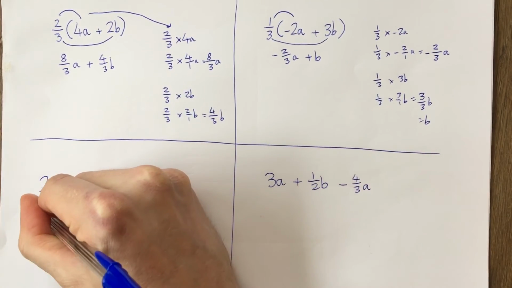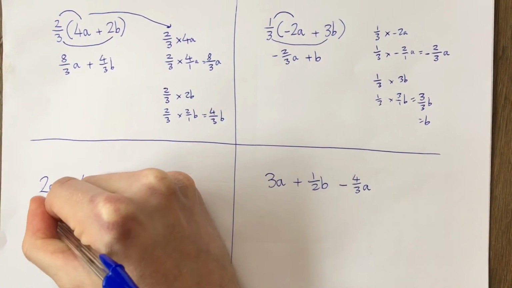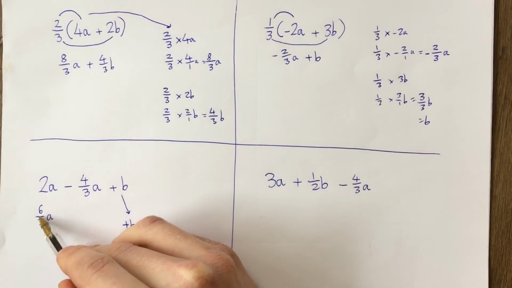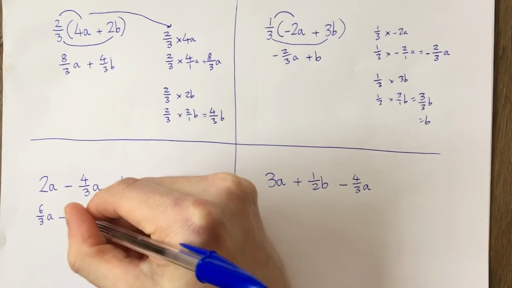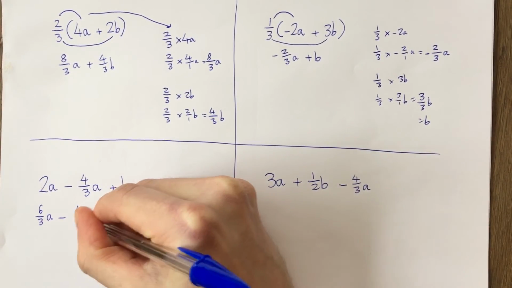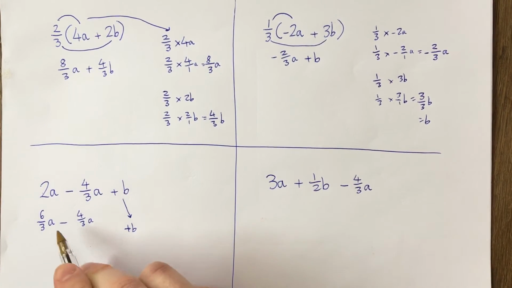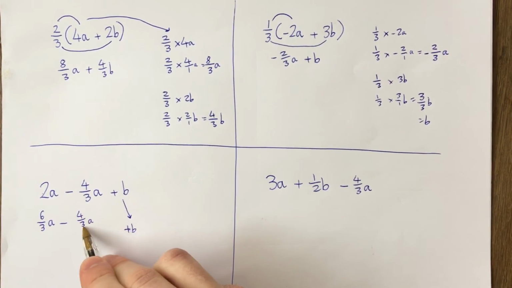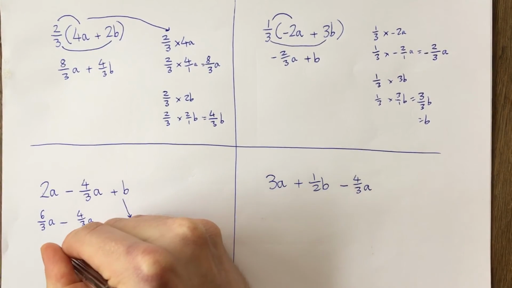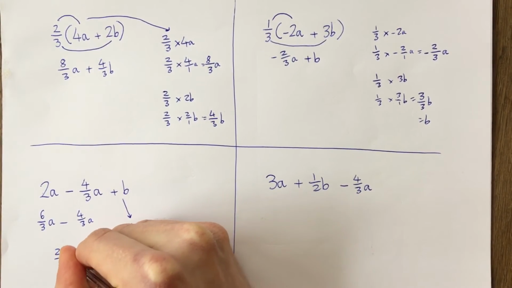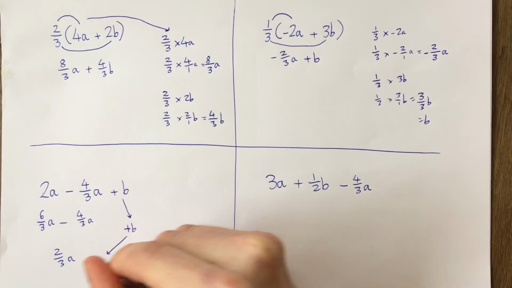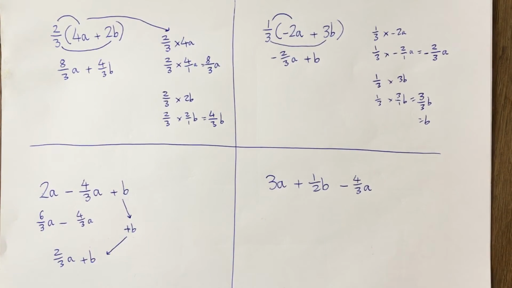That would be 6 over 3a, because 6 over 3 is 2, minus 4 over 3a, and then we've got the plus b there obviously. The reason why that's helpful: 6 over 3 minus 4 over 3, 6 minus 4 is 2. So it'd be 2 over 3a, and then we're left with the plus b. And therefore that would be our simplified answer.